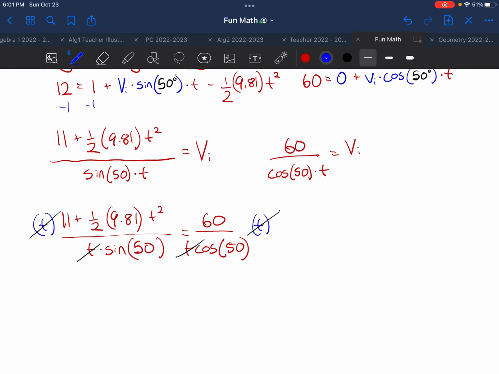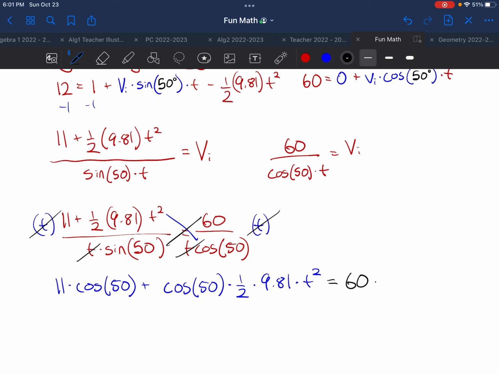So when I cross multiply in this direction, oh god, cosine 50, distributing to all of these terms, whatever, I have 11 times cosine of 50 plus, distribute again, cosine 50 times 1/2 times 9.81 times t squared. That's on one side. On the other side, when I cross multiply this direction, I just have 60 times sine of 50.